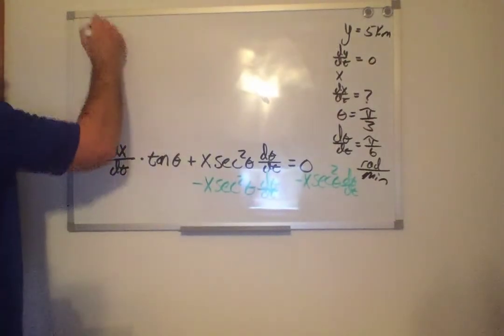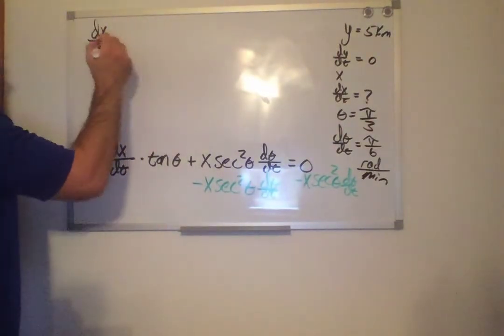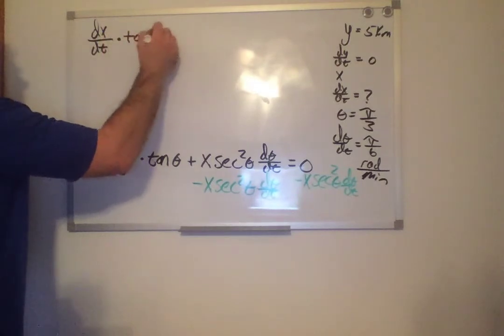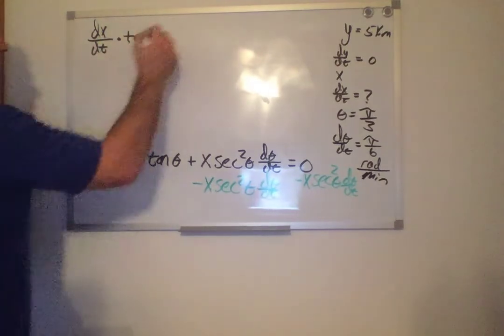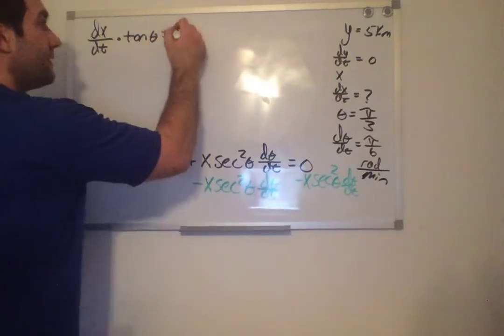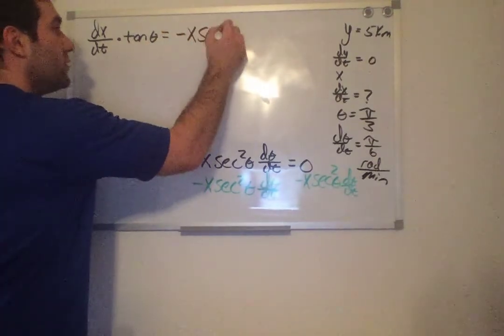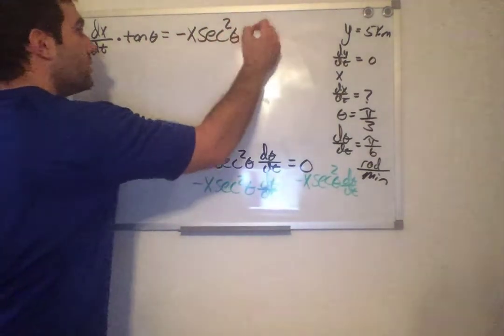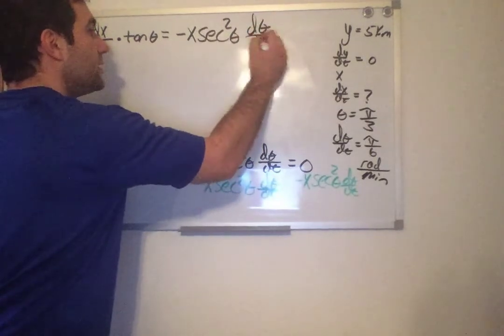Now you have dx/dt times tangent of theta is equal to negative x secant squared of theta d theta/dt.